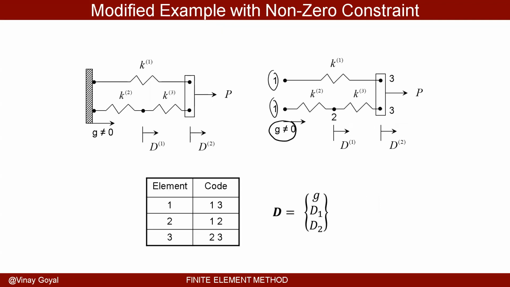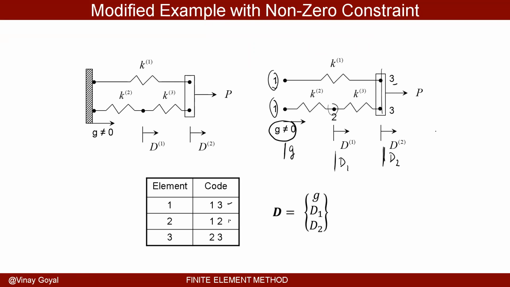So here, what I've done is I've labeled this as 1, 2, and 3. I'm calling this degree of freedom D1 and this degree of freedom D2. This one, the value is G, and it's non-zero. The element connectivity is: element 1 connects 1 and 3.